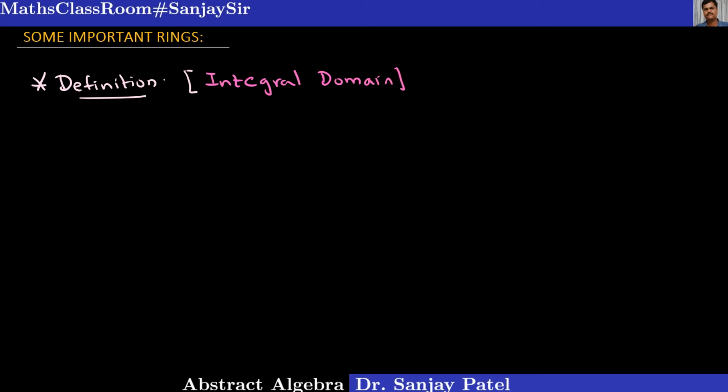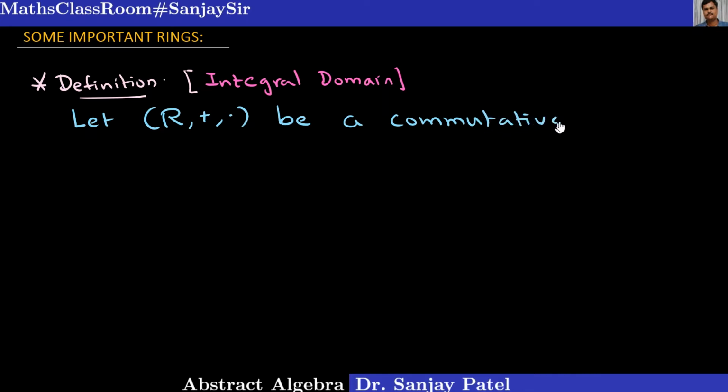So the definition: let (R, +, ·) be a commutative ring with unity.